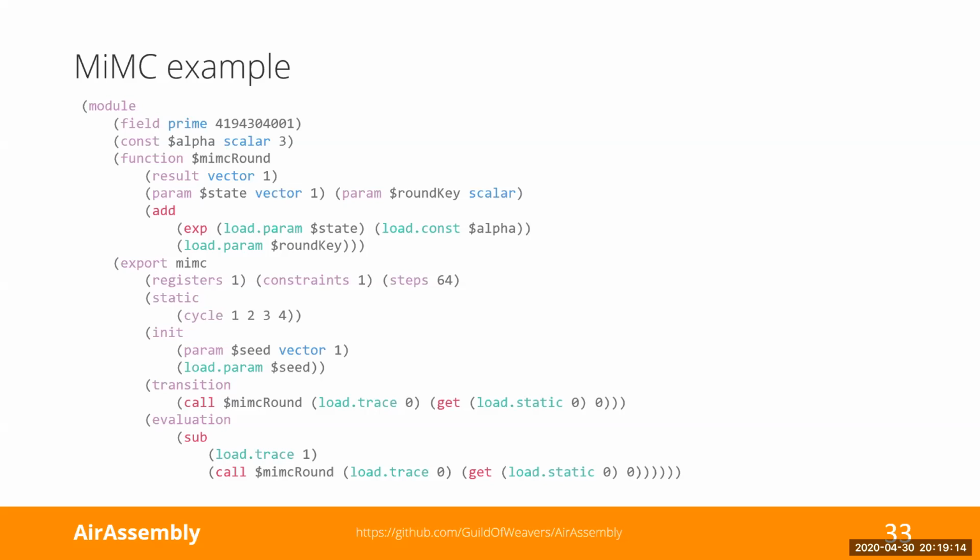Yep. So I would say TinyRAM is potentially slightly different. You would potentially use AirAssembly to define constraints for TinyRAM itself. Somebody had to write constraints that express how the TinyRAM processor works, not a specific program. And those constraints could be encoded in AirAssembly. I'm not using AirAssembly for that, but as I mentioned, I'm building this distaff virtual machine, which is a simplified version of TinyRAM in some ways.